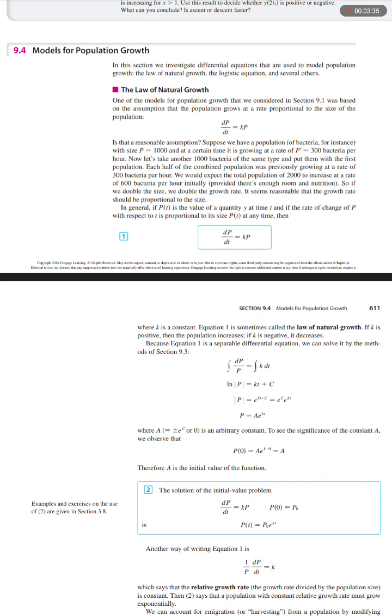To see the significance of the constant A, we observe that P of 0 equals A times e to the power k times 0 equals A. Therefore, A is the initial value of the function. Sidebar examples and exercises on the use of 2 are given in section 3.8.